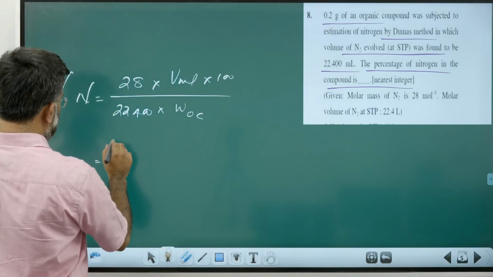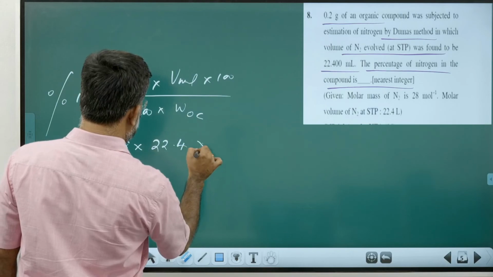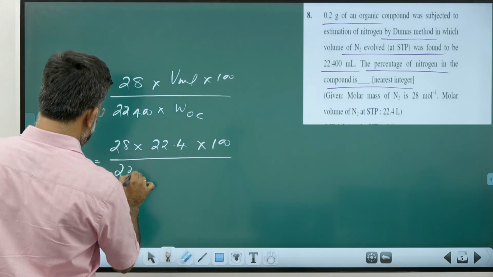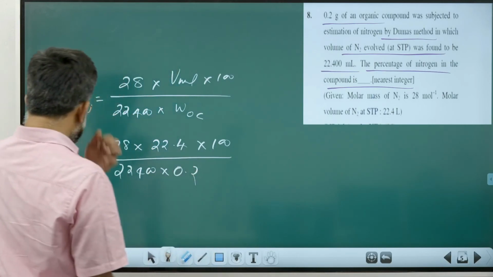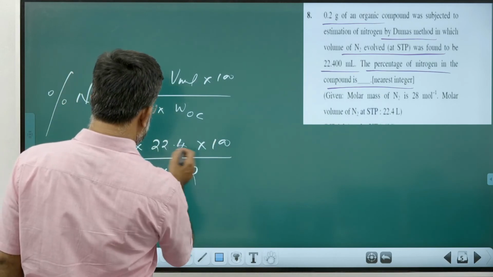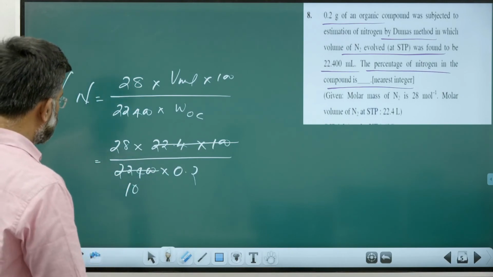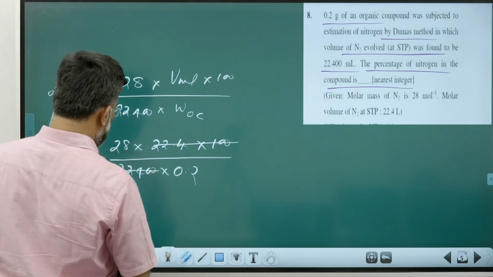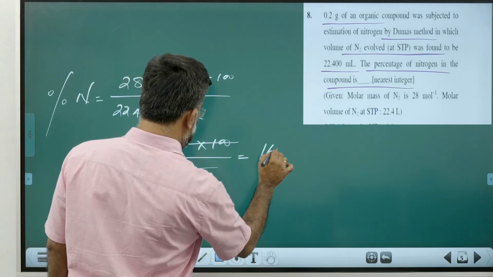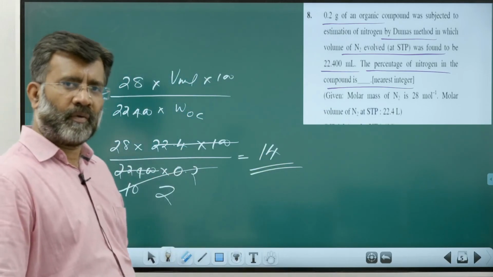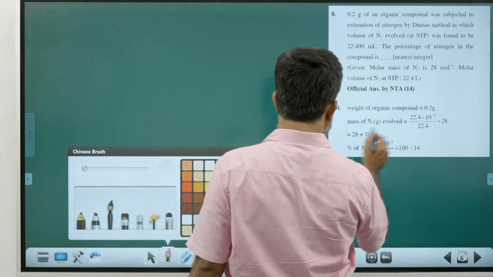So how much do you get? 28 by 22,400, and the weight is 0.2. So 22.4 into 100 means 2240, right? So this will be 10. So 28 by 10 with the 0.2, it is 2. 28 by 2, the answer is 14. Answer is 14. Next.